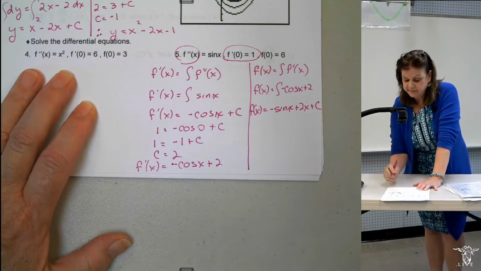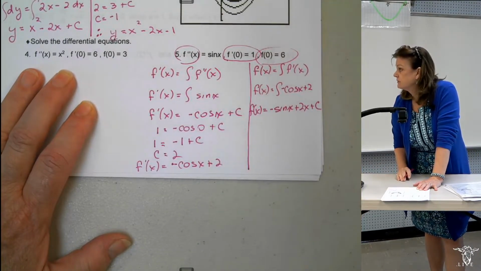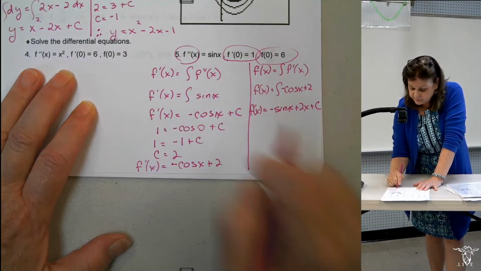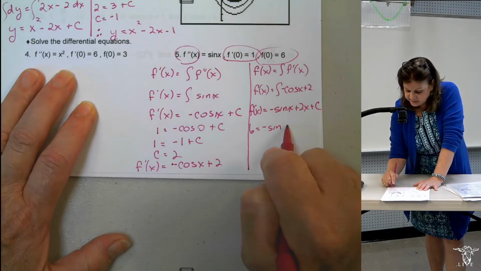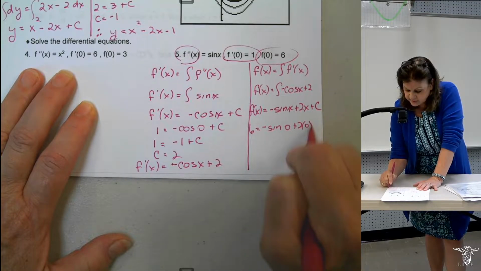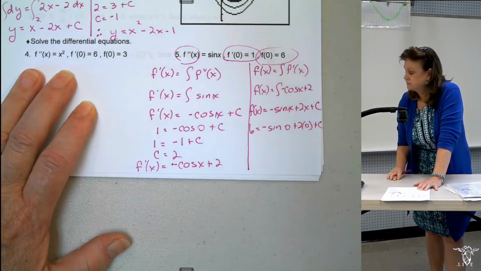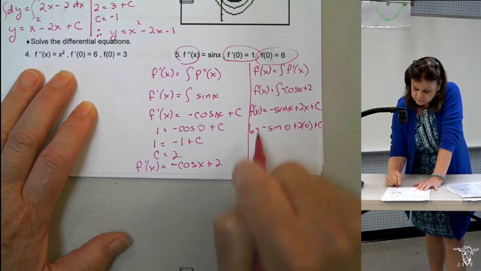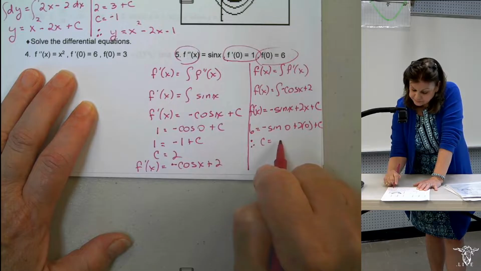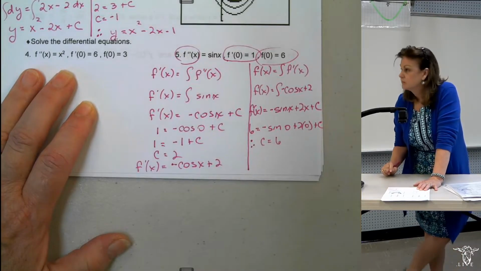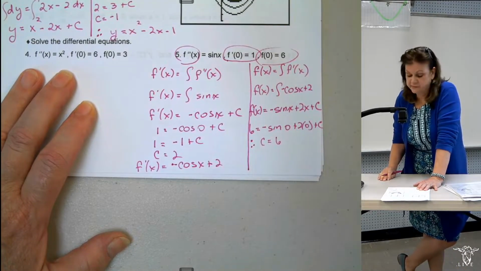And again, they've given us an initial condition for the function. So we know 6 is negative sine 0, plus 2 times 0 plus c. Sine of 0 is 0 and 2 times 0 is 0. So c is 6.